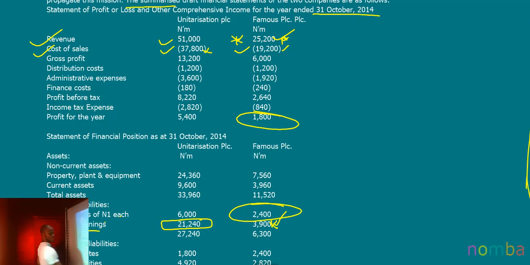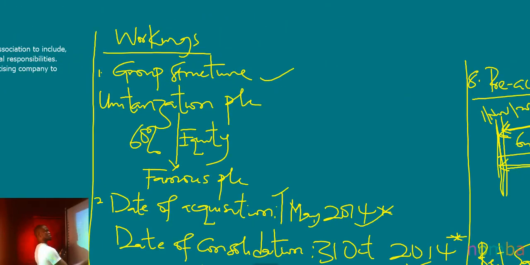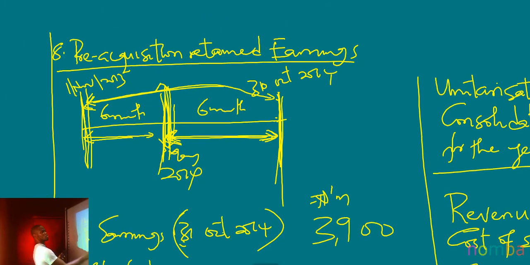The next figure here is my distribution cost. That of Unitarization was 1,200 and that of Famous was also 1,200. So the post-acquisition amount for Famous will be 1,200 multiplied by 6 over 12. That gives 600. You add it to that of Unitarization, which is 1,200. The addition of the two gives us 1,800. So my distribution cost is 1,800.